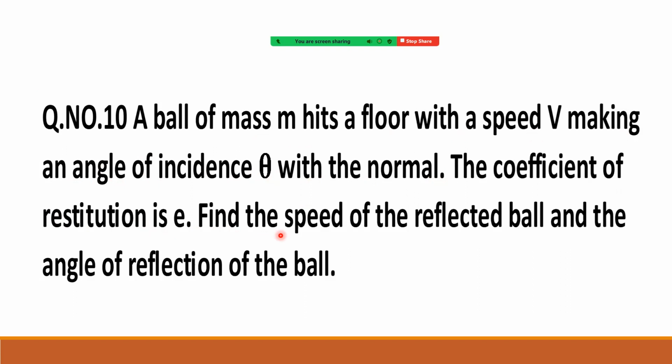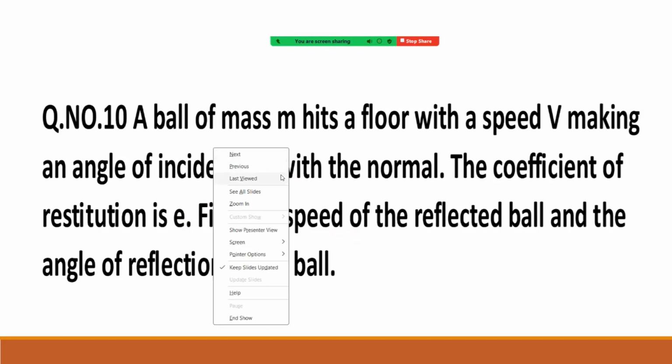Find the speed of the reflected ball and the angle of reflection of the ball. Right, see how to calculate this. Given speed is v, angle of incidence theta with the normal, and the coefficient of restitution is e. We have to find the speed of the reflected ball and the angle of reflection.